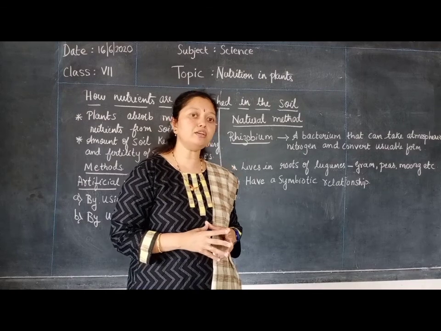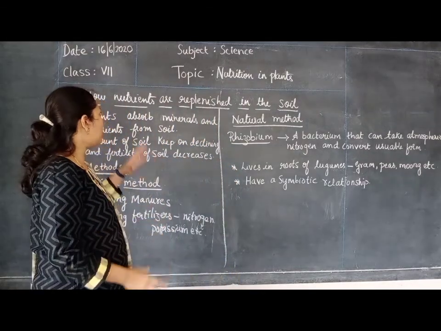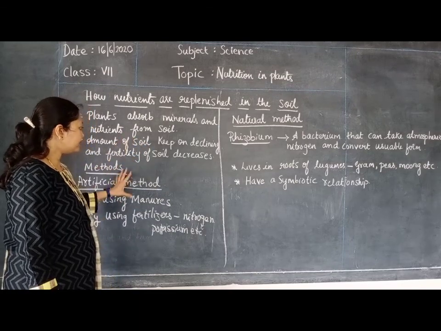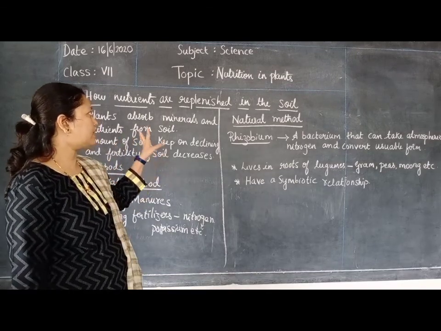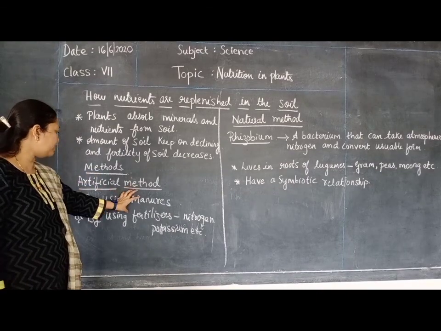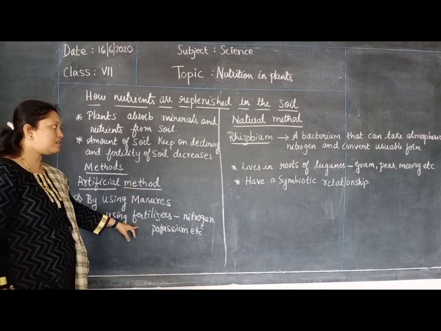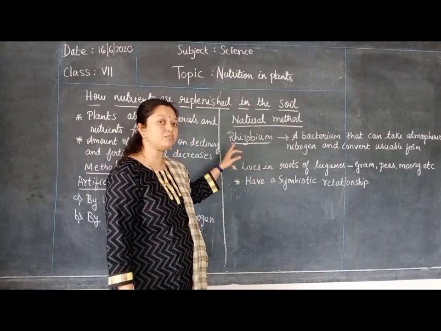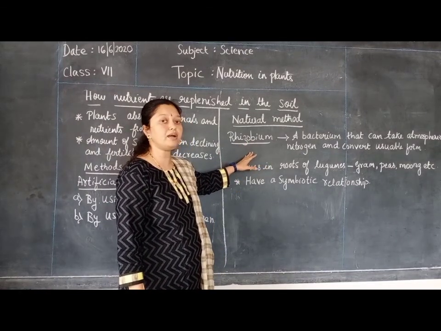So I think you have understood this concept, how to replenish the nutrients in the soil. There are two methods. One is the artificial method, that is by using manures and by using fertilizers. Next, the natural method, which is done by which bacteria? Rhizobium bacteria.